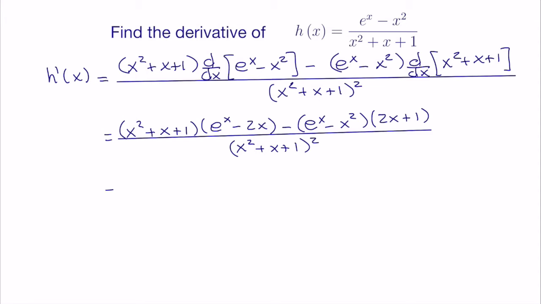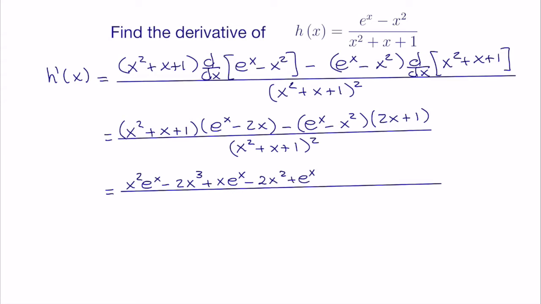So let's distribute. This is going to be x squared e to the x. I'll put my line first. x squared e to the x minus 2x cubed plus x e to the x minus 2x squared plus e to the x minus 2x.